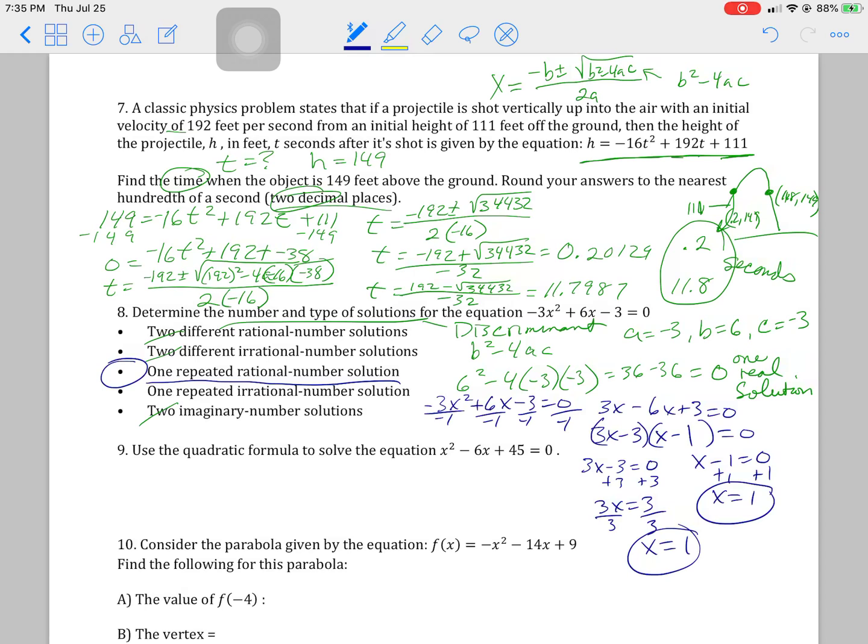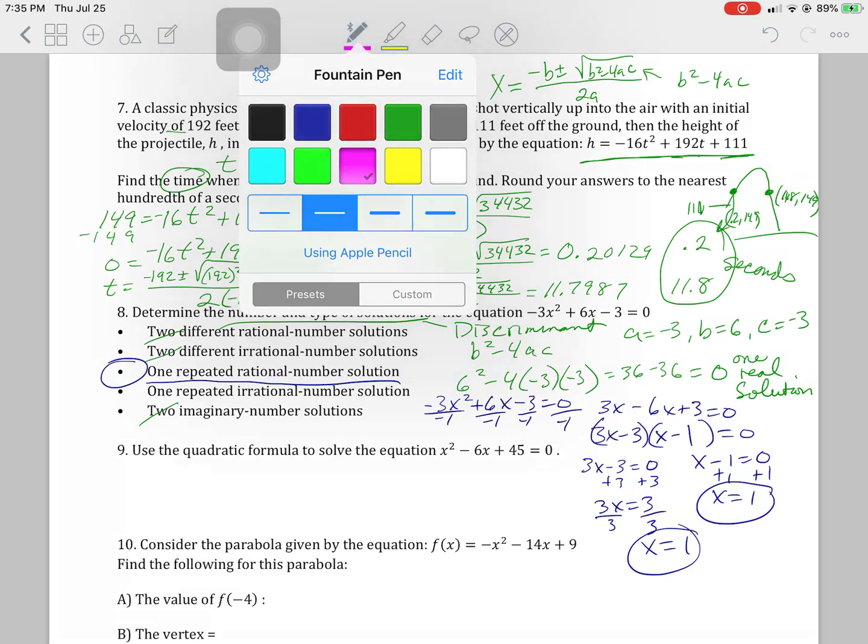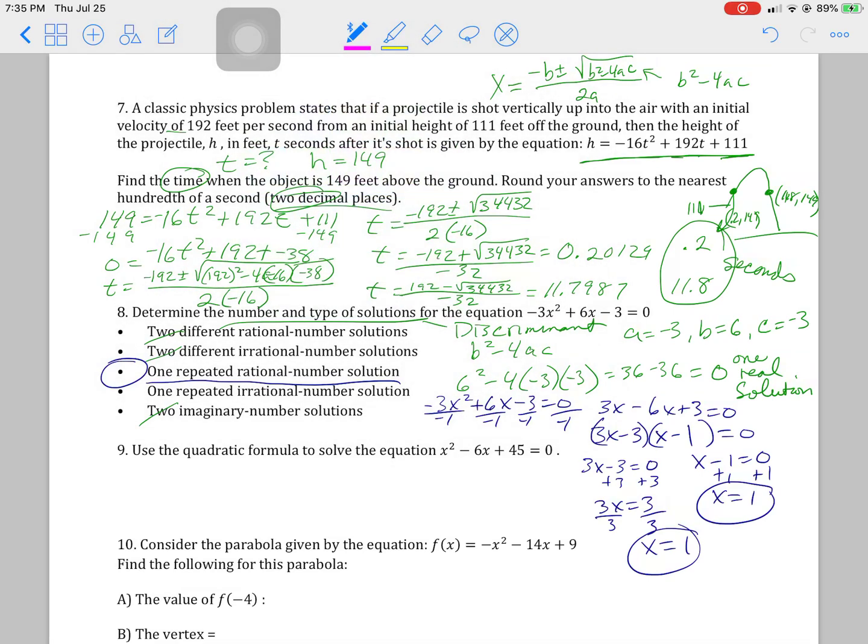All right. Let's see, number 9 is a quadratic too. I may need that space over there, but let's see how we do. It just says to solve, so any way you want to solve. 45 is what, 5, and no, that's not going to factor.